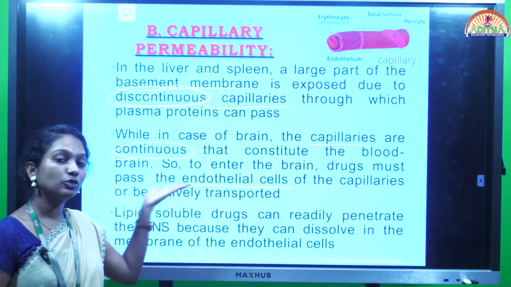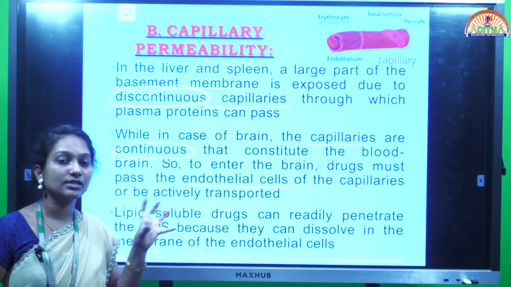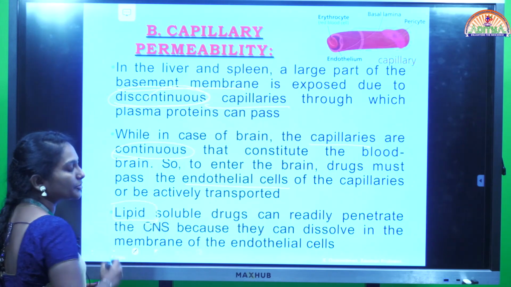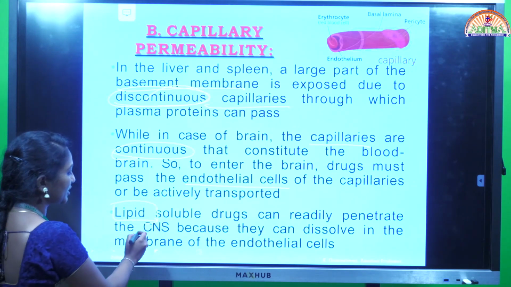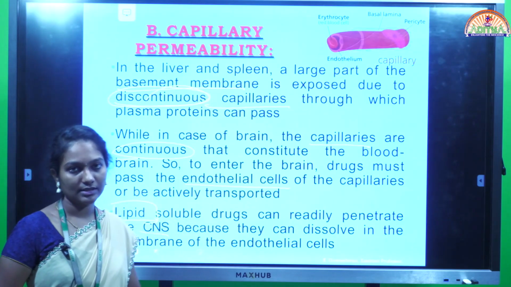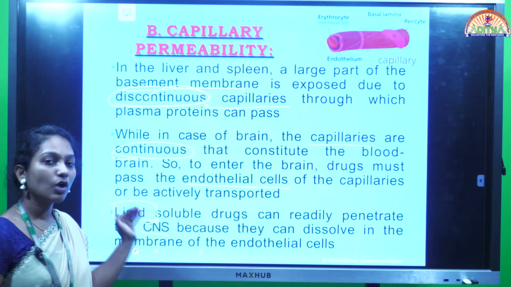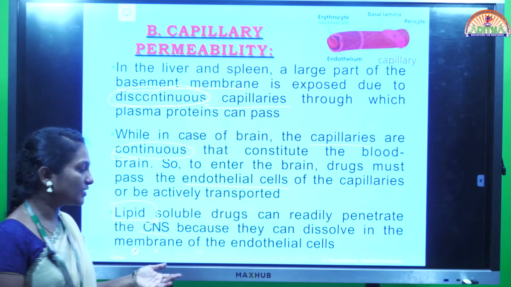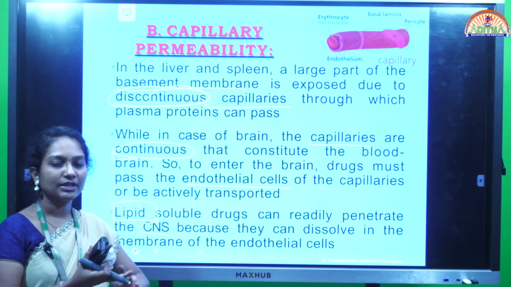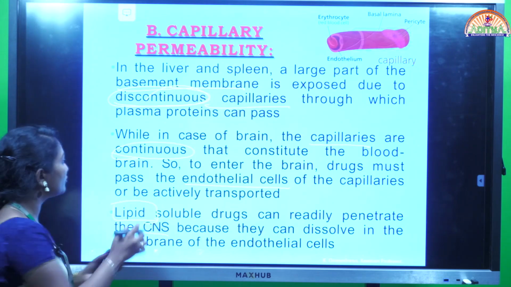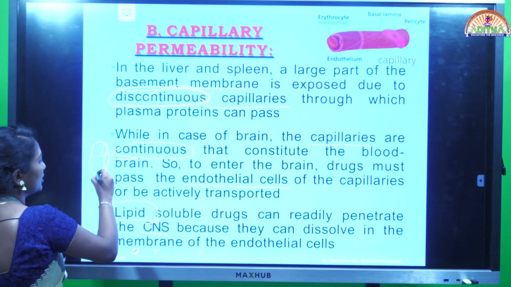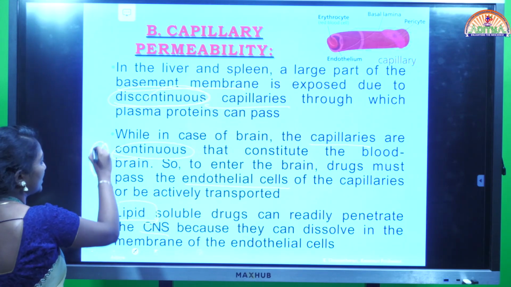If we consider the lipid soluble drugs, most of them can easily penetrate within the CNS, because they can easily dissolve within the endothelial cells. Whereas the water soluble drugs cannot easily penetrate the endothelial cells, because the junction here forms a tight bond, and the membrane is formed in a tighter way.